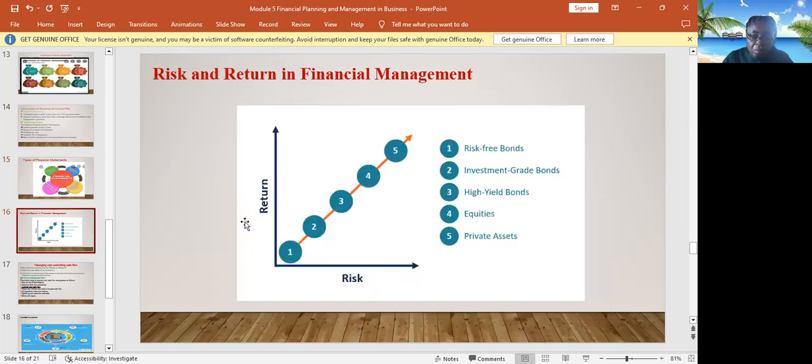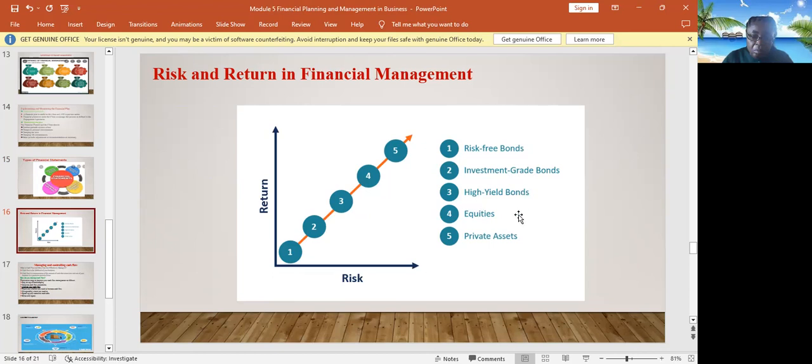Let's quickly look at, because of time, risk and return in financial management. These are the returns and this is the risk. The first is risk-free bonds. Under stage 2 is investment grade bonds, and the third one is high yield bonds.